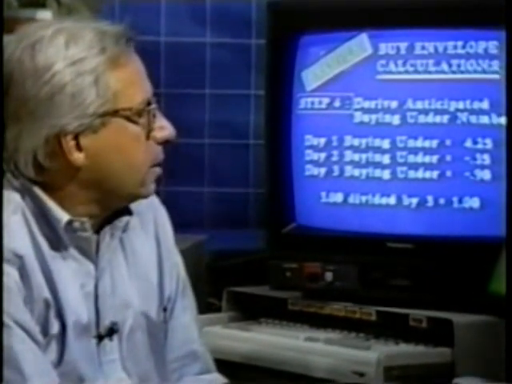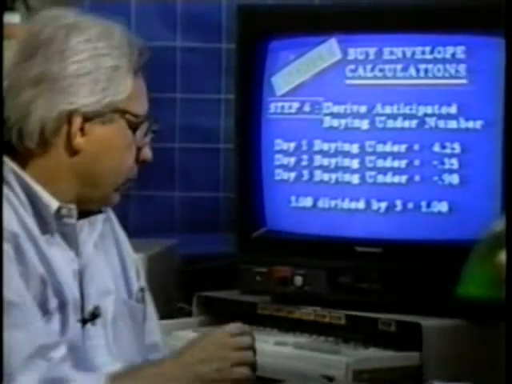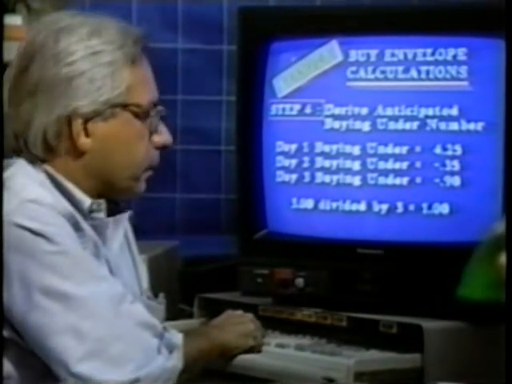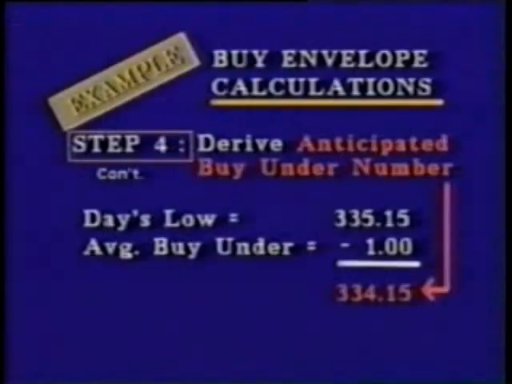Day 3 also had a higher low, and it was minus 0.90. We come out with 3.00 divided by 3, of course, gives us 1 point. We now take today's low, 335.15. We subtract this buying under number, this average, and we get 334.15, the number in red. So we've now derived the anticipated buy under number.